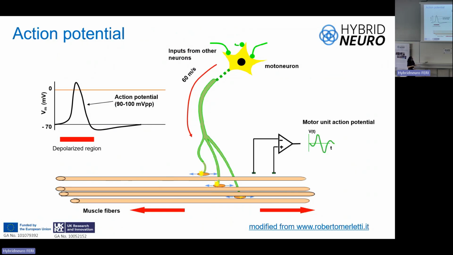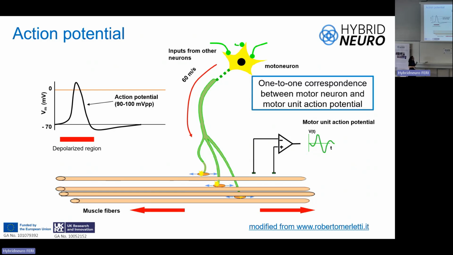So if we place an electrode, this electrode will record a motor unit action potential. So each motor neuron action potential becomes a motor unit action potential, and it's thanks to this one-to-one correspondence that we can record from the muscle, but retrieve the activity from the spinal cord if we have appropriate signal processing methods.